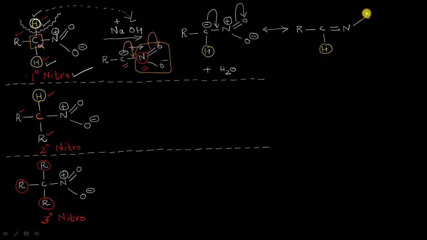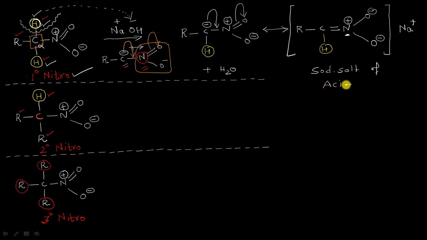Nitrogen, single bond, oxygen, negative. And this is the second oxygen atom having the negative charge. We show a positive charge here because this nitrogen atom is forming four bonds. So this is actually the sodium salt of the aci-nitro form.